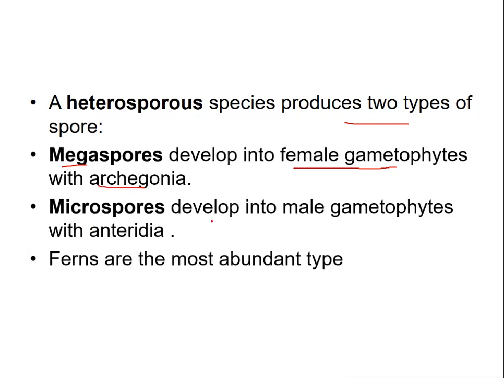Micro is referring to male, mega is referring to female. Microspore will develop into male gametophyte with antheridia that will produce sperm. And ferns are the most abundant type of seedless vascular plant.